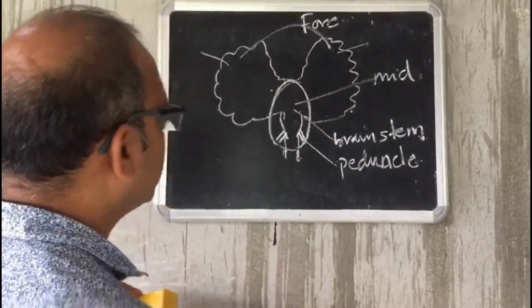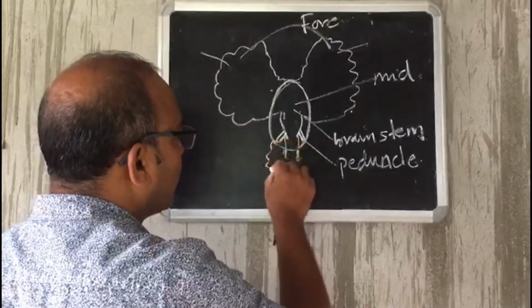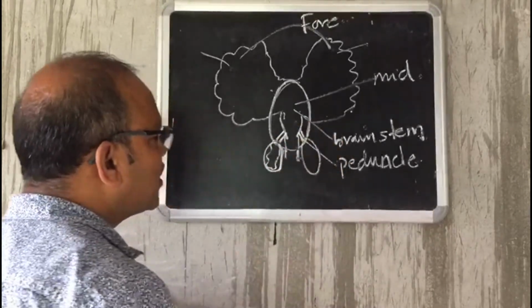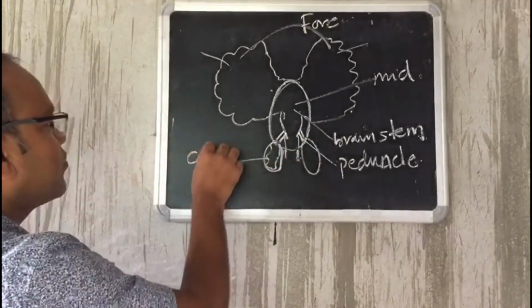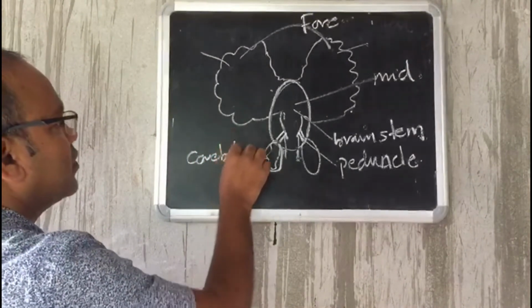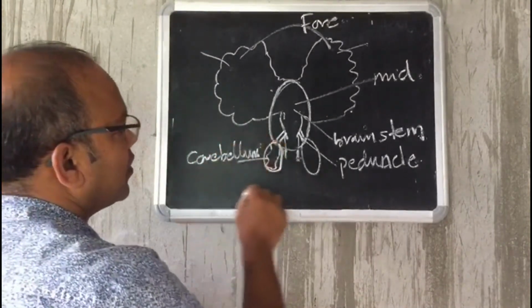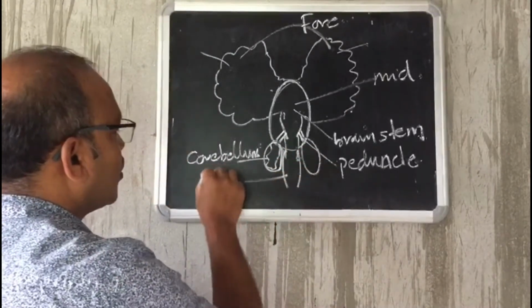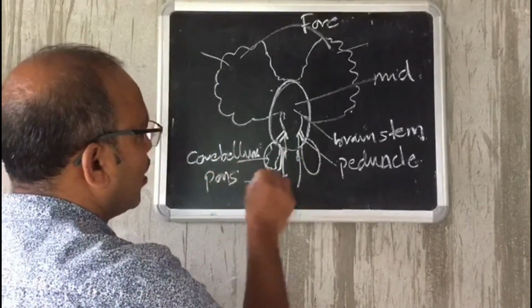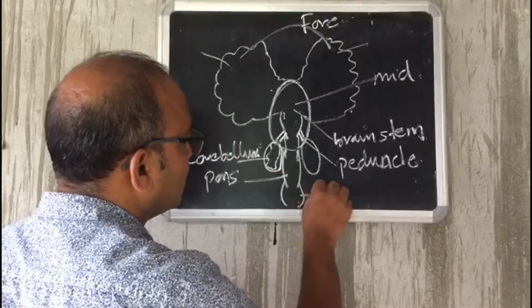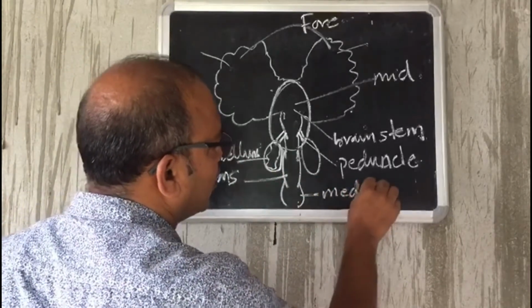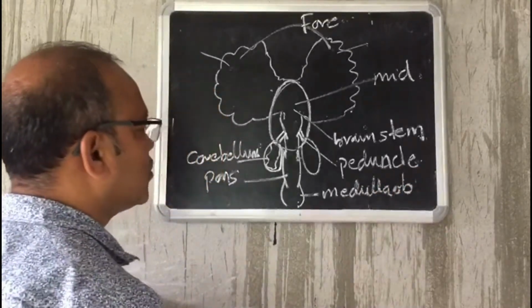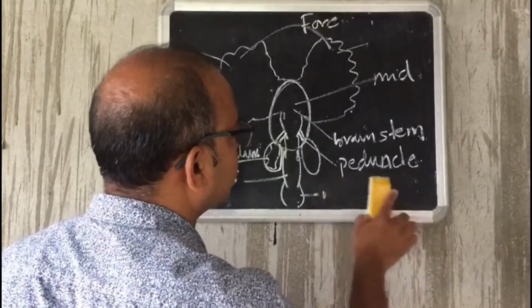The hindbrain is basically made up of the second largest part of the brain, that is the cerebellum, pons, and finally medulla oblongata.